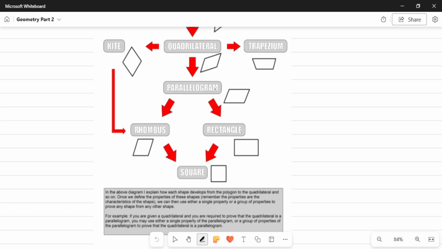So they can call it a quadrilateral or they can call it a parallelogram, because remember I said this parallelogram comes from here. So I can either call it a quadrilateral or a parallelogram. But if they call this a quadrilateral and they say prove that this quadrilateral is a parallelogram, then you can either use a single property or a group of properties of the parallelogram to prove that this quadrilateral is a parallelogram.